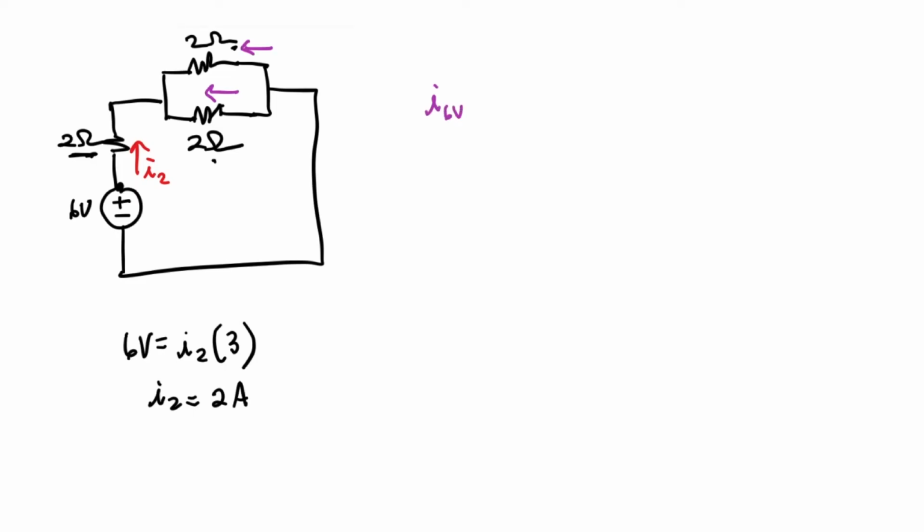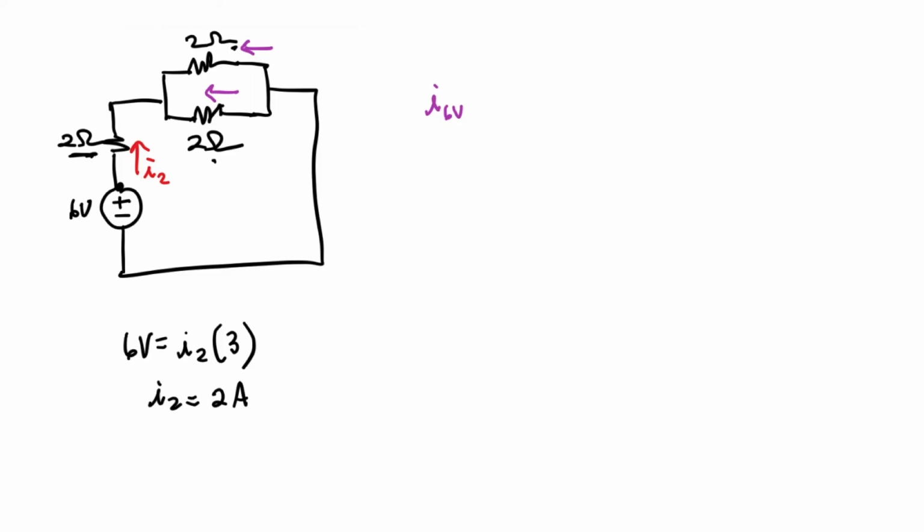How about my I6V? This current is going to be equal to that one because the 2 resistors are the same, so the current has to divide evenly. So I could say that I6V is negative 1/2 of my I2 because the arrows are pointed in opposite directions. Since I2 is 2 amperes, this is minus 1 ampere. So I6V is minus 1 ampere.